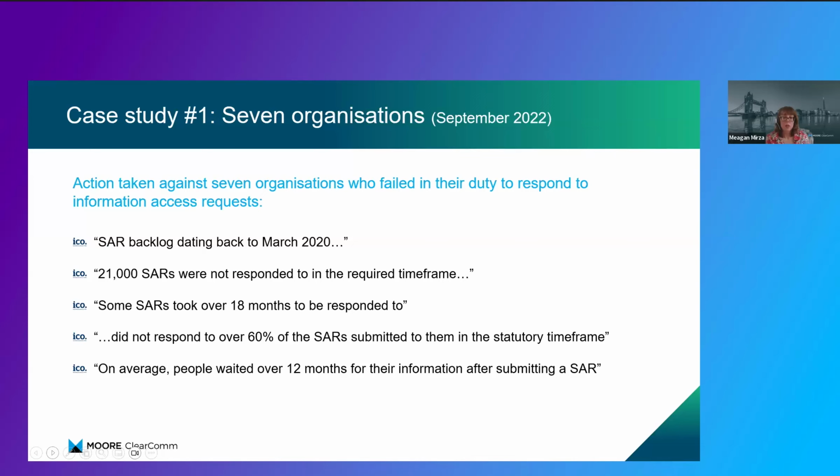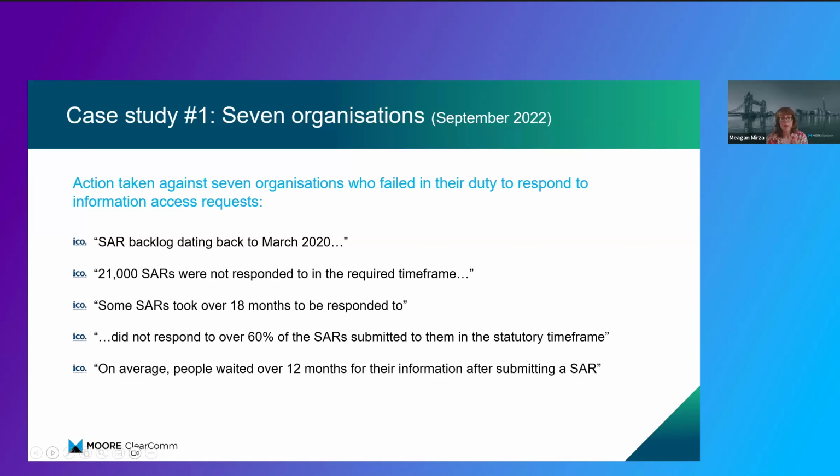And it's the nature of what those organizations do as well. Yeah, so in the context of policing and justice, that's always complicated. A lot of these backlogs also emanated from the COVID period, where a lot of workers weren't able to go into offices, so backlogs started to build up, because to respond to subject access requests you might need access to paper files and stuff like that.